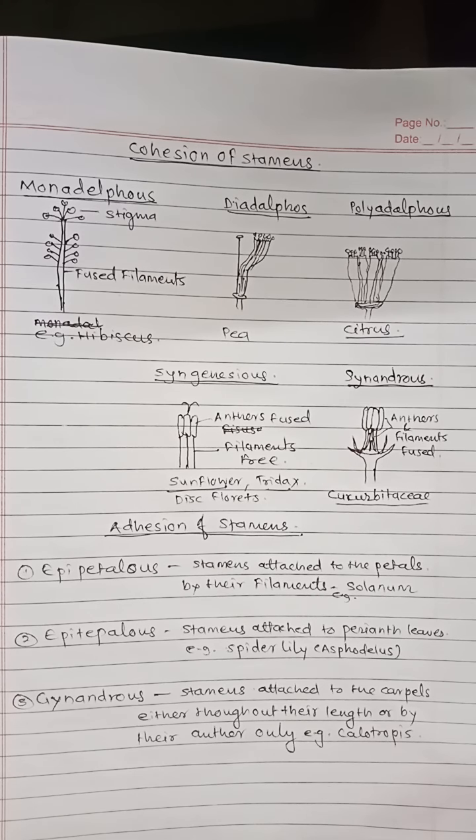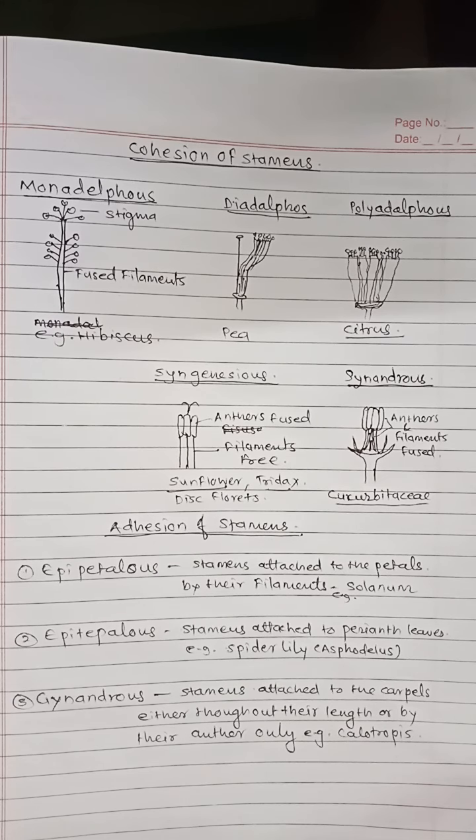Then last one, that is gynandrous. Stamens are attached or adhere to the carpels either throughout their length or by their anthers only.